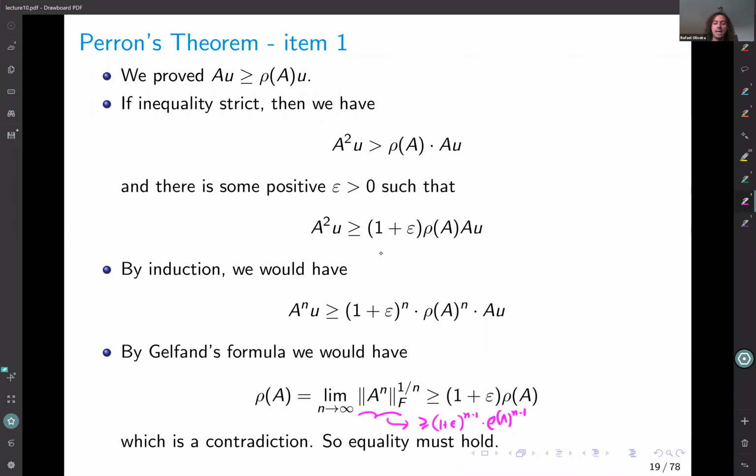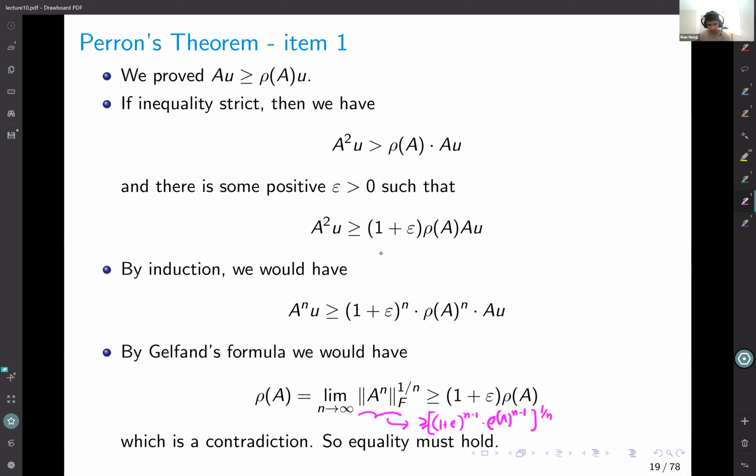But then I have to take the 1 over n power. So in particular, this is greater or equal than 1 plus epsilon times rho of A. But then we just proved that rho of A is greater or equal than 1 plus a positive number times rho of A.